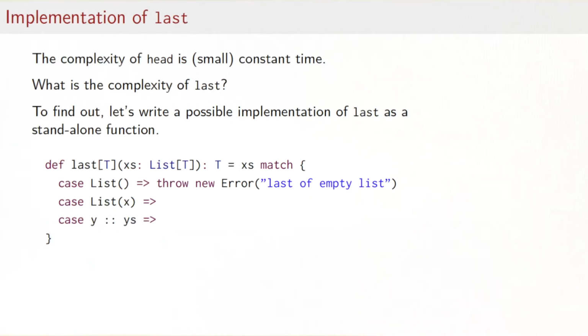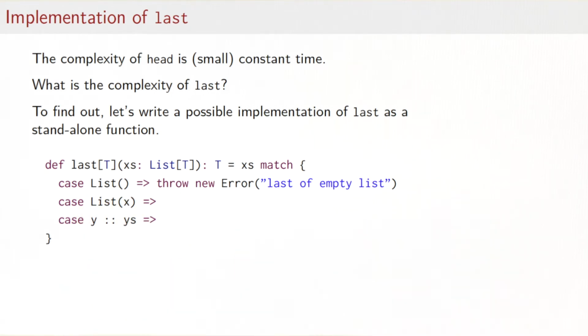Well, let's see first how we would implement last. As I said, last is a method in class List, but to study its implementation we might as well define it as an external function outside the List class. If we do that, then last would have this signature that you see here. So it takes a List[T] for an arbitrary type T and gives you back a T, the element type of the list, and the usual implementation of last would be to say, well, let's see what the list is.